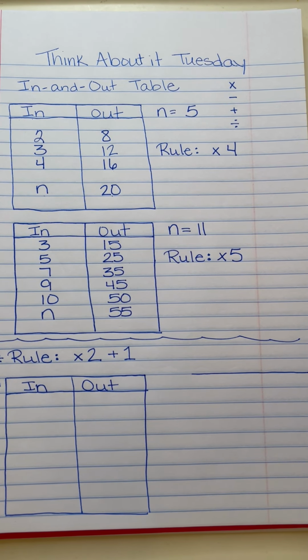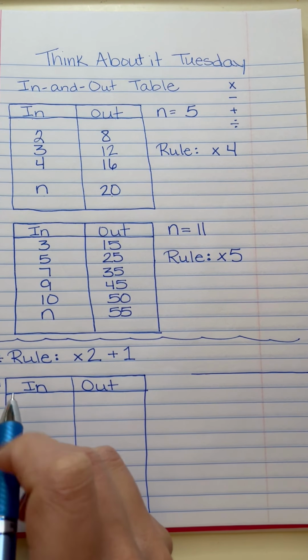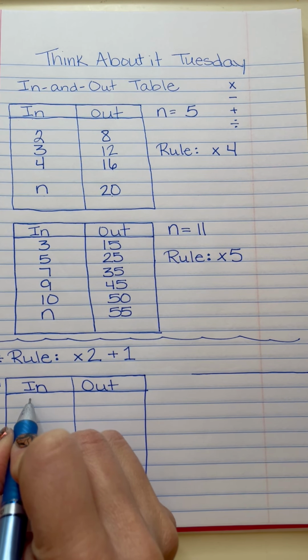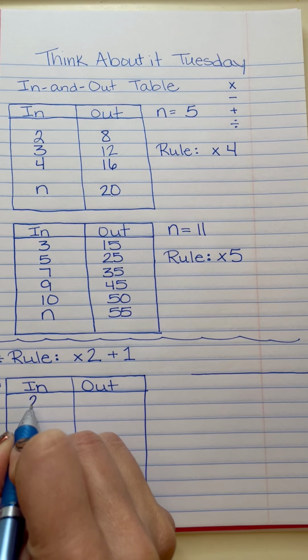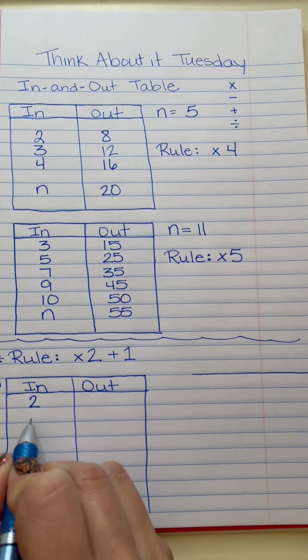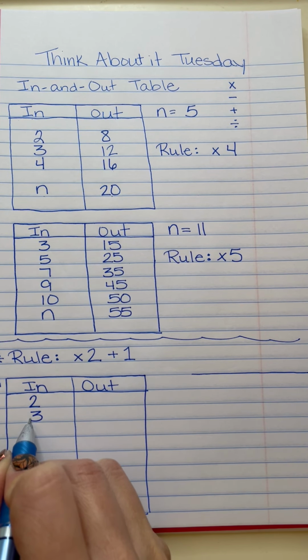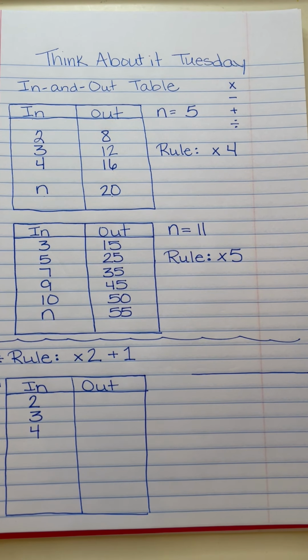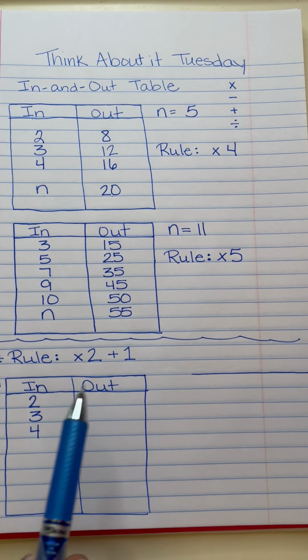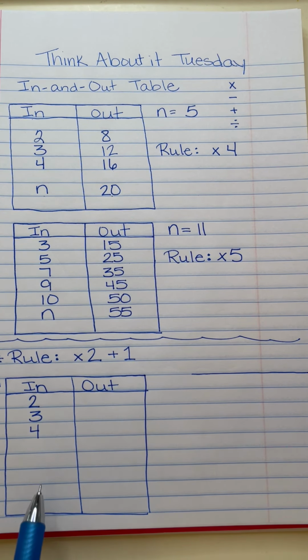So I'll give you a couple numbers to get you started. So the first one is 2. So the ones I'm going to give you are 2, 3, and 4, just so that you can kind of see the pattern. And then I'm going to give you additional numbers here that you will need to fill in your output.